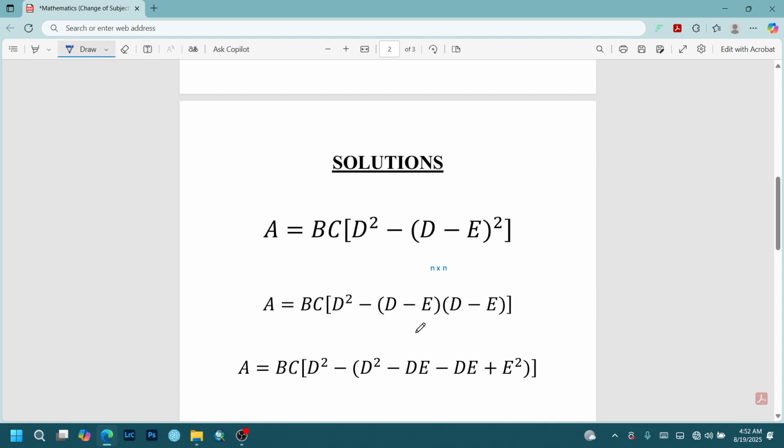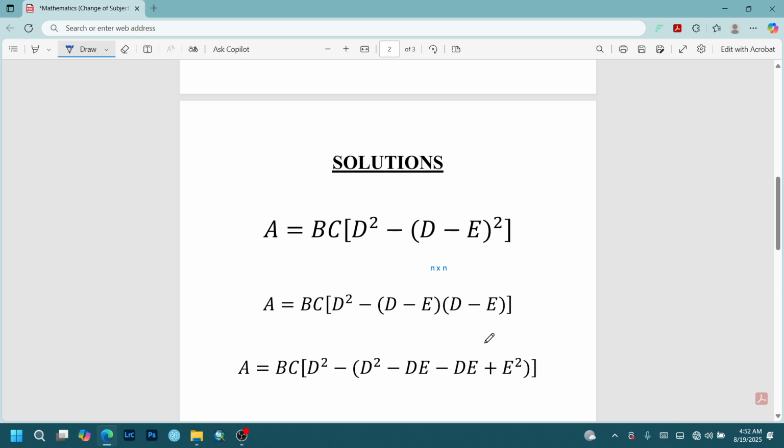D will multiply D for us to get D square. D will multiply negative E for us to get negative DE. Negative E will multiply D, positive D, for us to get negative DE. And negative E will multiply negative E for us to get positive E square.